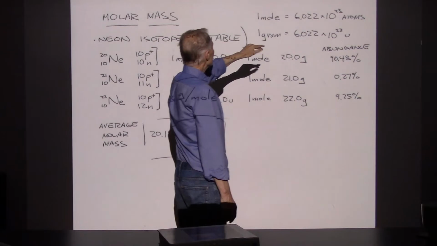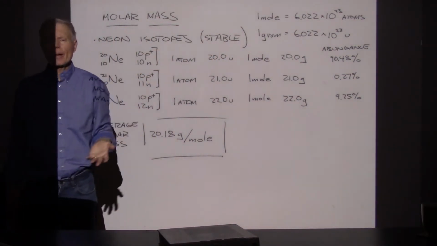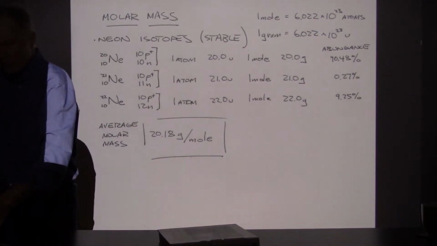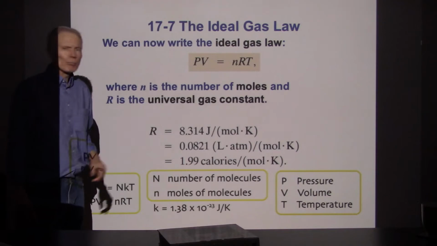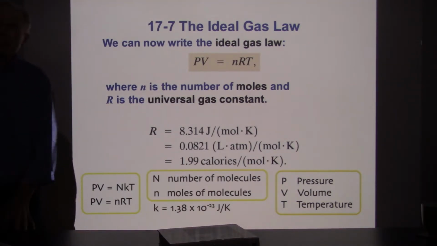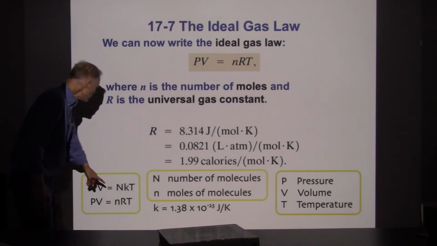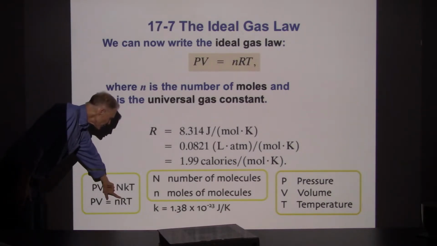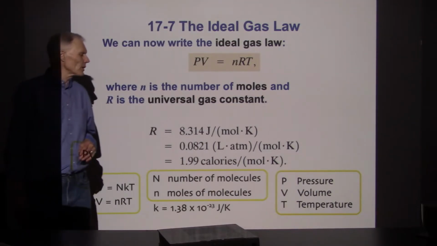So if I use the number of atoms, I'm going to have numbers like 10 to the 23 going on, and that will cancel out with the 10 to the minus 23 in Boltzmann's constant. So bottom line is, for most everyday size samples of materials, using big R is probably easier, but you should always be prepared to go back and use Boltzmann's constant as needed.